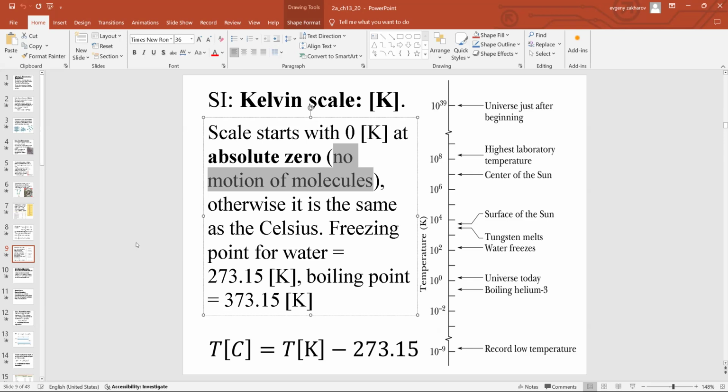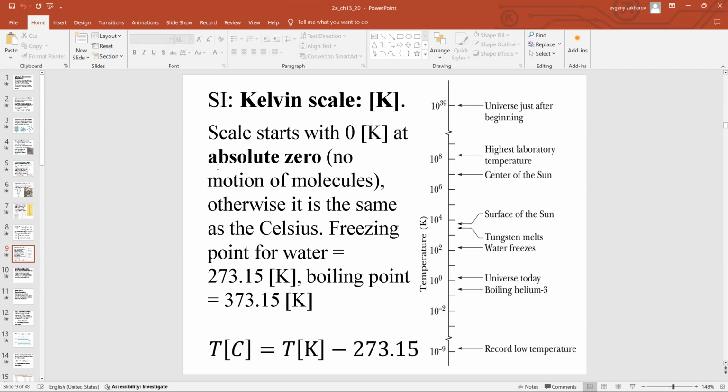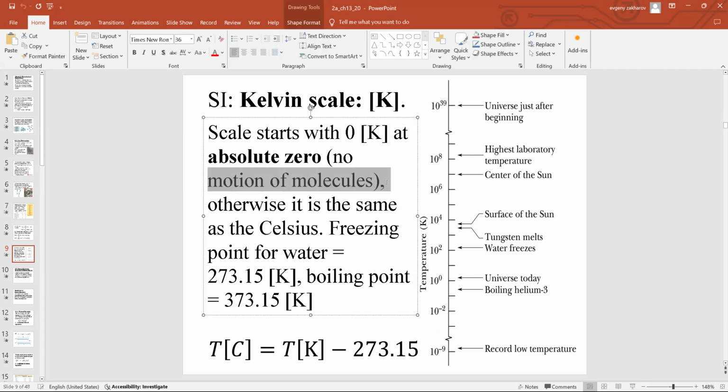Remember, temperature represents the kinetic energy, how much motion you have inside an object that is made of atoms and molecules. So at absolute zero, there is no motion at all. And that happens when you get to negative 273 degrees Celsius. So that would be 0 Kelvin.